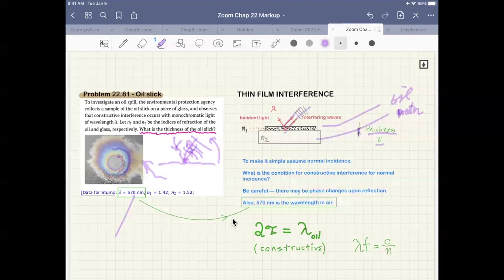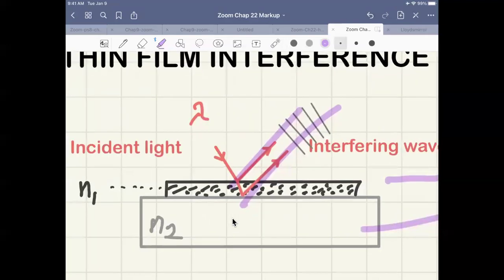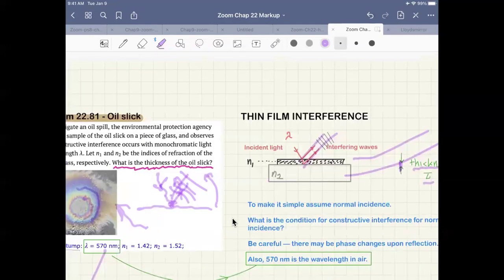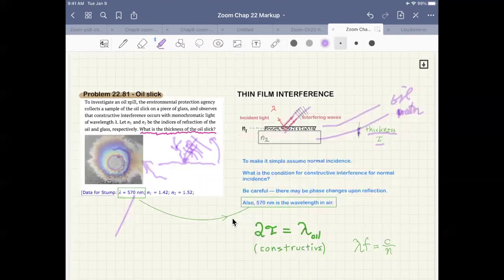Now that's the wavelength of the waves in oil, because the waves here are passing through oil. But when you say that the wavelength is 500 nanometers, that presumably means in air. So that's not the wavelength in oil. That's what you're being given, 570 nanometers.